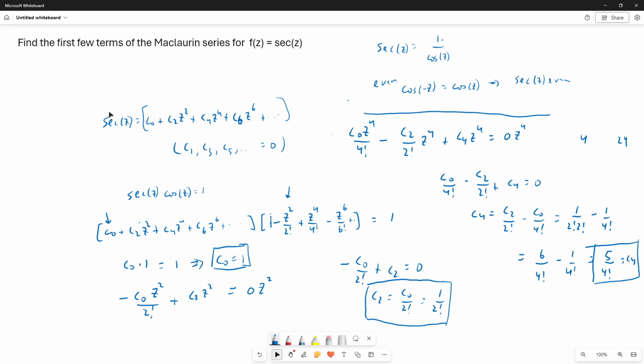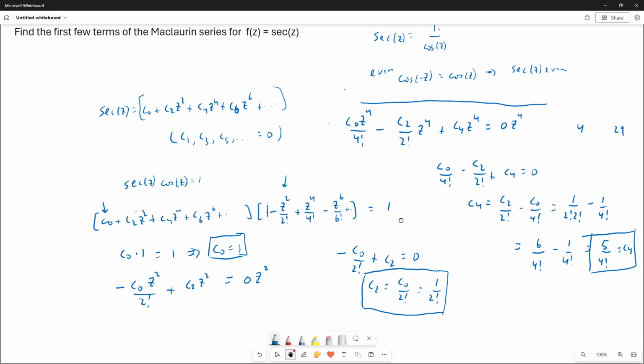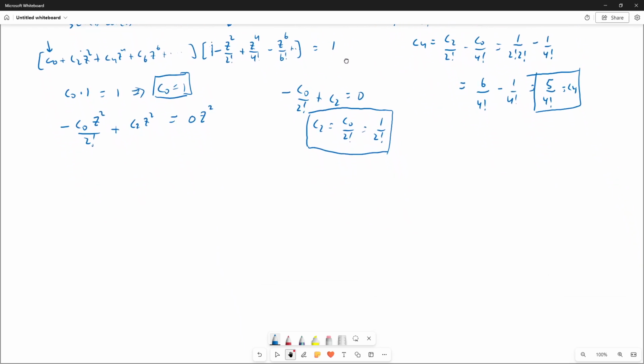Now let's try one more. Let's see if we can get C6. So in order to get a C6, we need the degree 6 term. So to get to the degree 6 term, it'll be a 0 times a 6, a 2 times a 4, a 4 times a 2, and a 6 times a 0. So it's going to be C0 times negative z to the 6 over 6 factorial.